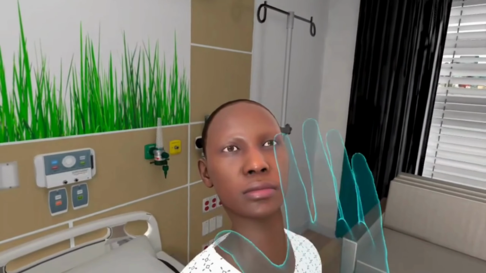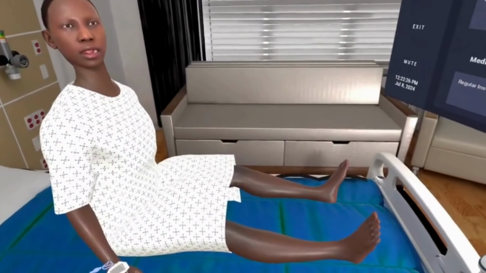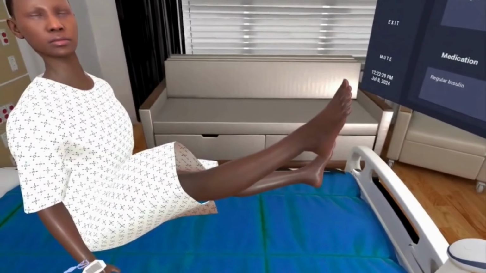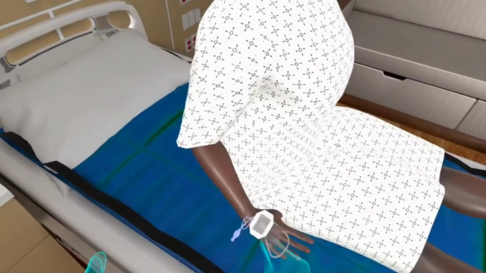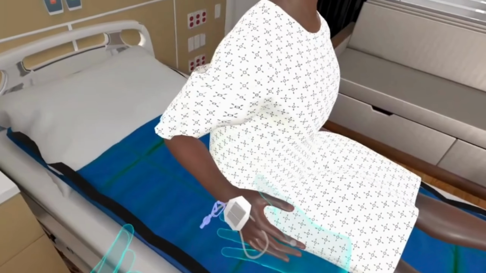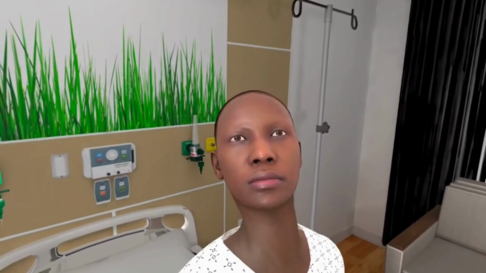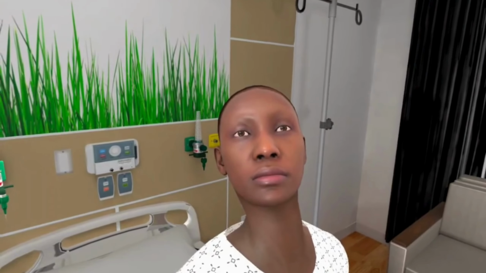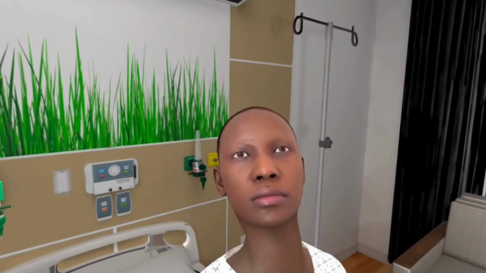Good. Can you lift up your right leg? Okay. Good. Can you squeeze my hand here? Can you smile? Yes. Can you raise your eyebrows? Yes. Can you stick out your tongue? Yes. Can you close your eyes?